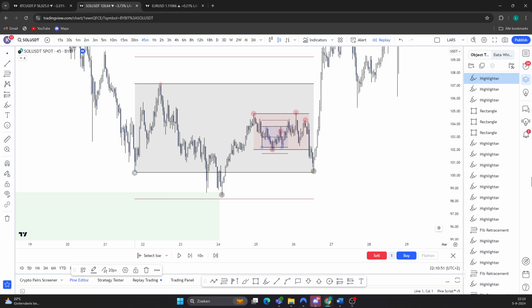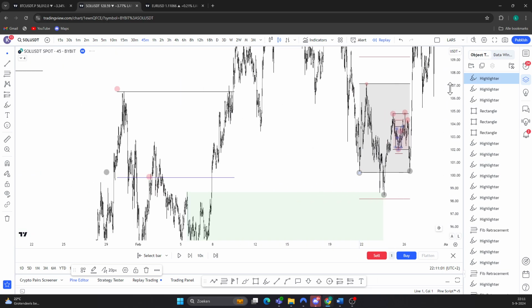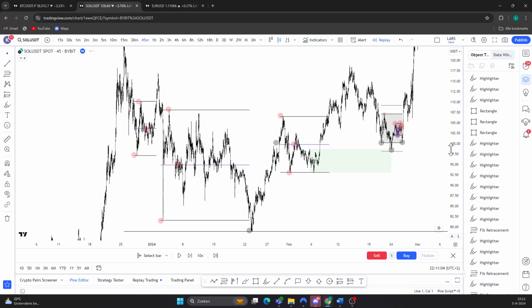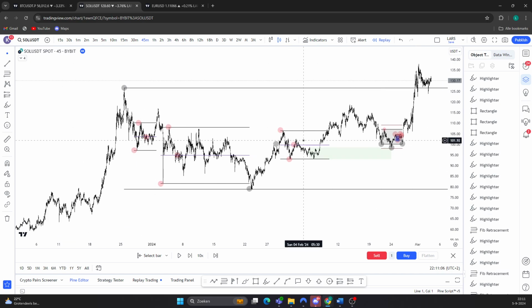Just on this picture, you can see that we have a black range, in the black range we have a red range, and in the red range we have a blue range. But this entire range is inside of this massive range, right? Basically, when you're charting any asset that is not in all-time high territory, you'll always have ranges within ranges. It just depends on the time frame that we're on.